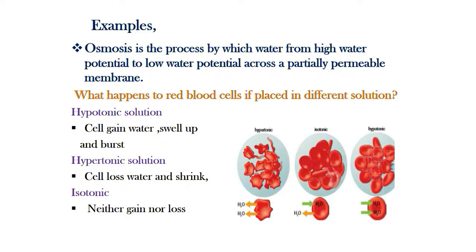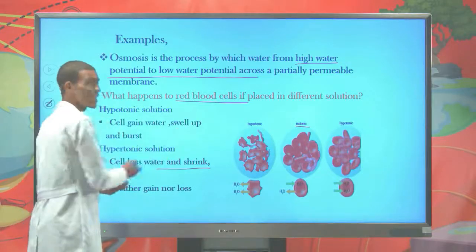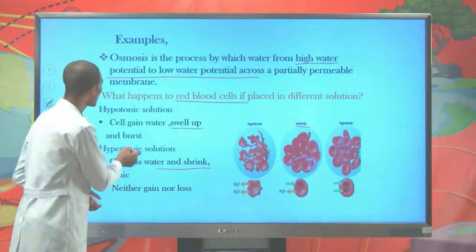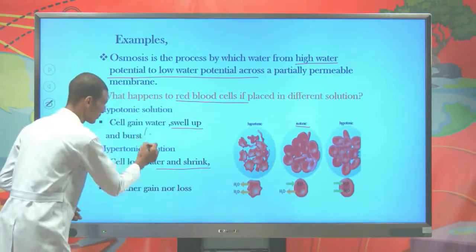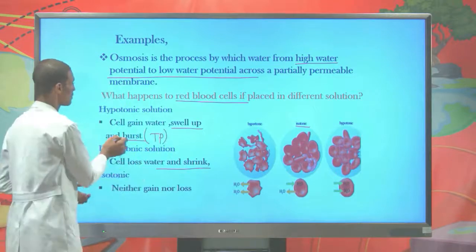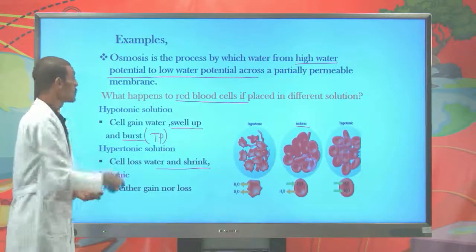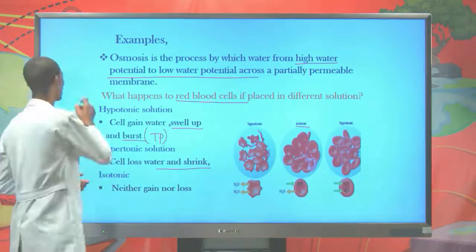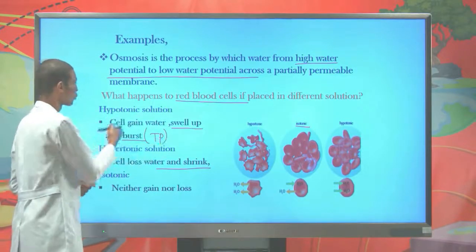This turgor pressure increases the size of the vacuole and the cytoplasm, allowing the cell to swell up. Finally, since there is no opposing wall pressure, the animal cell bursts. Bursting in an animal cell can be encountered. Well done. This is a result of a hypotonic solution.